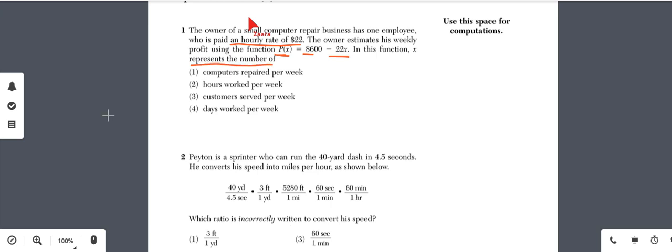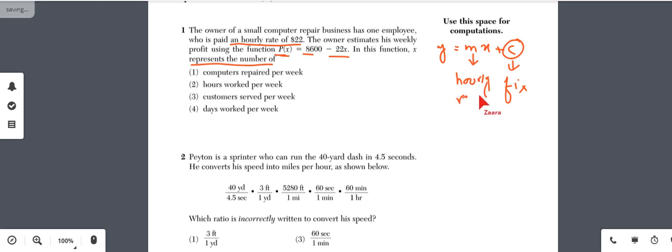As you remember, whenever we write the equation y equals mx plus c, we have something which is the fixed amount, right? Then this is the hourly rate, the slope. If this is the hourly rate, then this would be the number of hours.